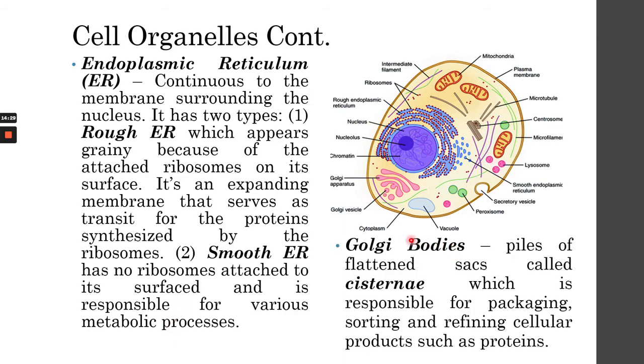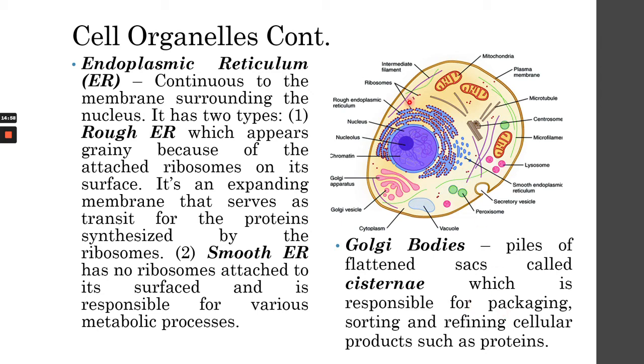Next is the Golgi bodies. So as mentioned earlier, yung ribosomes na naka-attach sa endoplasmic reticulum, it creates the proteins. And then the endoplasmic reticulum transits these from here to the Golgi complex. Ang ginagawa na ngayon ng Golgi complex is it refines yung protein. So as sinabi ko kanina, yung protein is a long chain of amino acids.